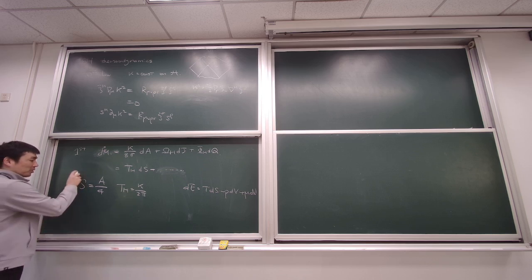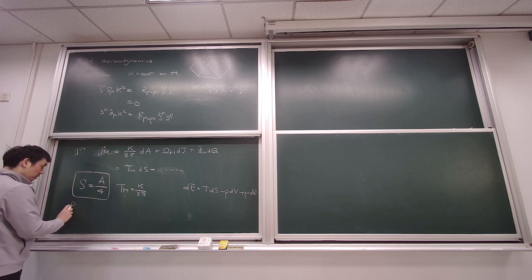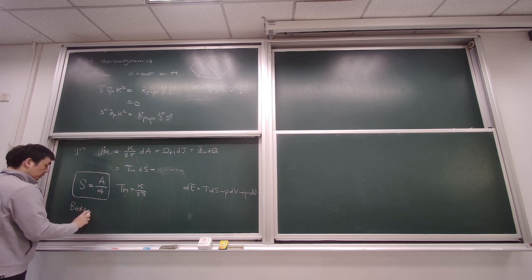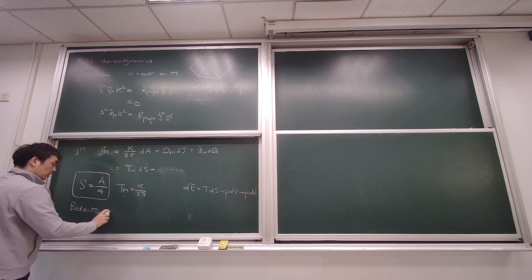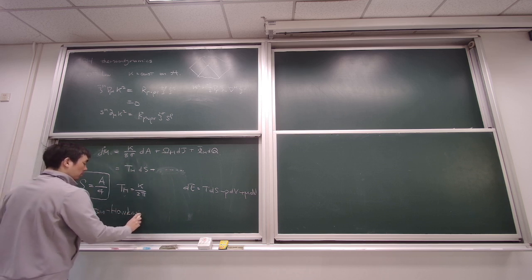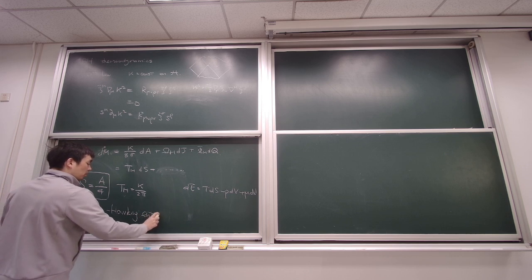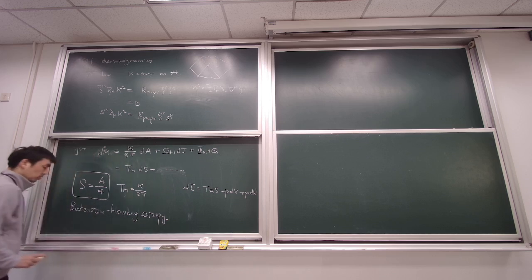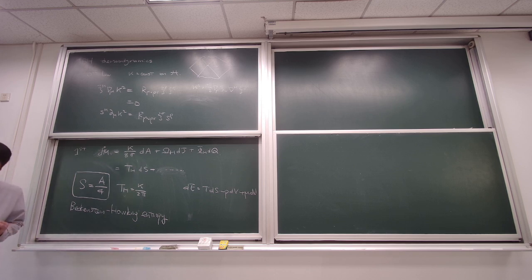So this one, of course, is too famous. This is called the Bekenstein-Hawking entropy. Bekenstein really considered this in the early 70s.